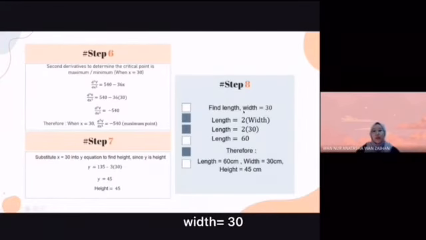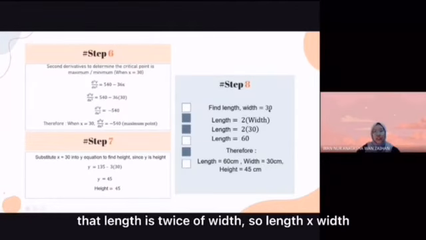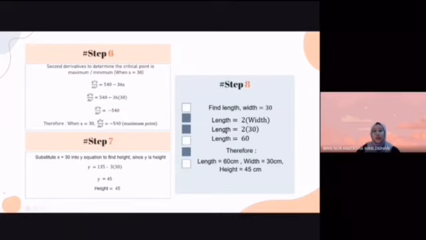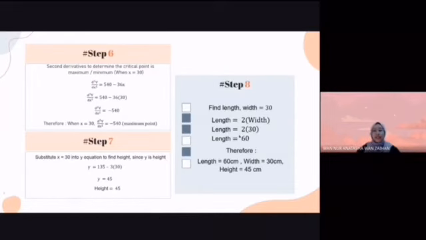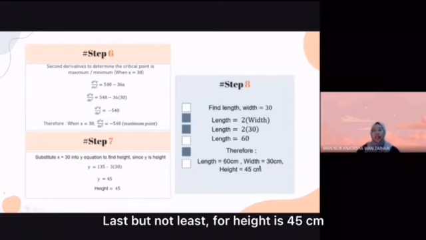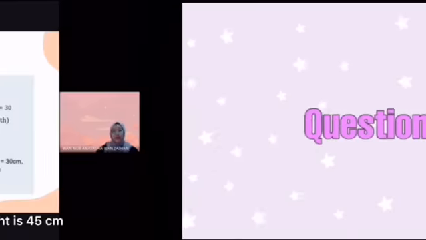Find the length when width equals 30. As mentioned in the question, length is twice the width, so length equals 2 times 30, which is 60. Therefore, the dimensions of the package that will maximize the volume are: length 60 cm, width 30 cm, and last but not least, height 45 cm.